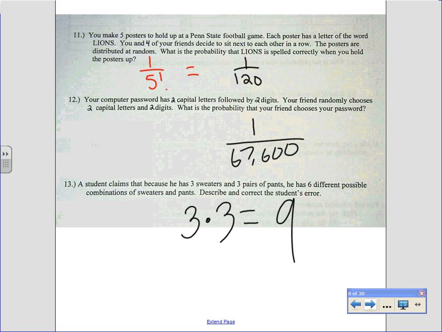It's factorial because you're arranging letters. Anytime you're arranging something, you should be using factorials. Yeah, that's the answer. What do you mean, what about the other ones? What other letters? Say that again?